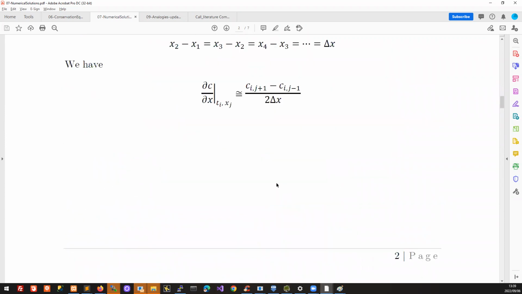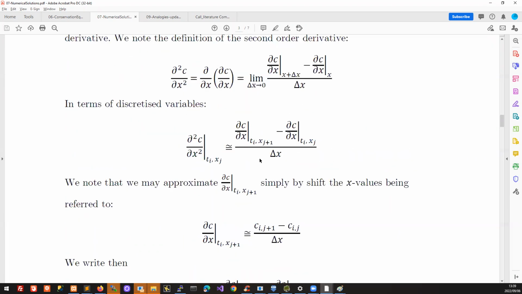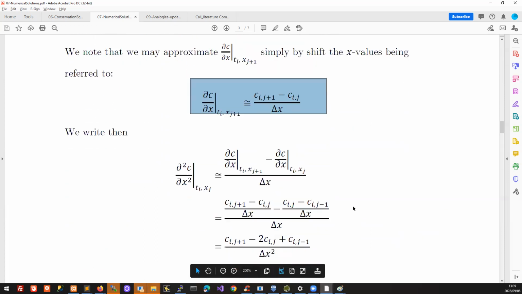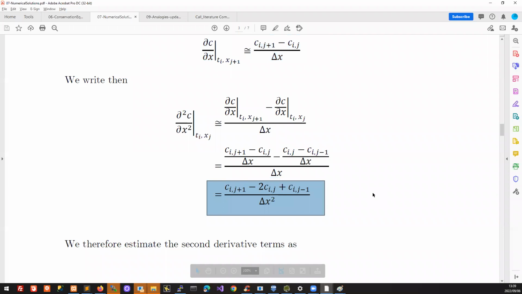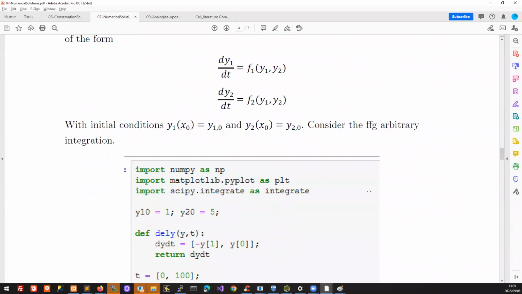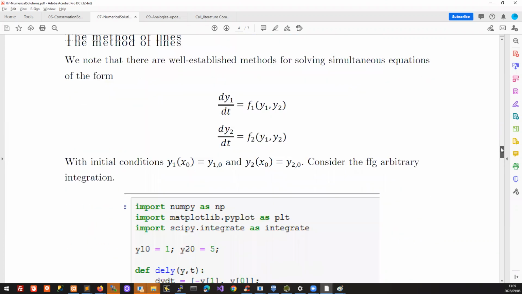In the first order case, we have this numerical estimate of the derivative, which we simply substitute in there. And then if you stick all that together, you get a formula for the second derivative. And then you go ahead and substitute that into your equation.